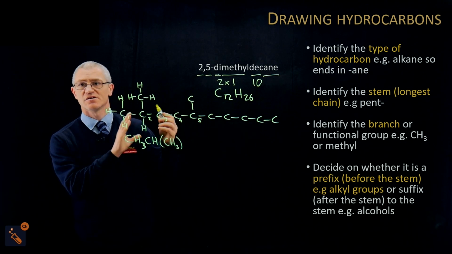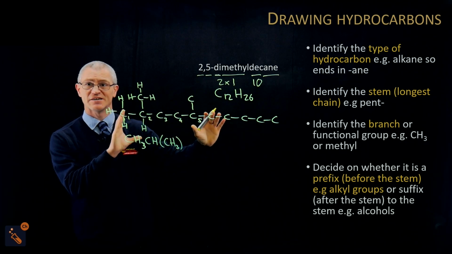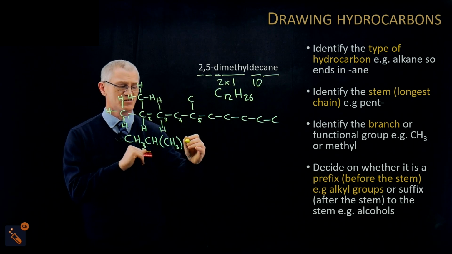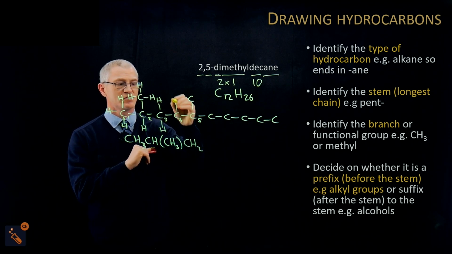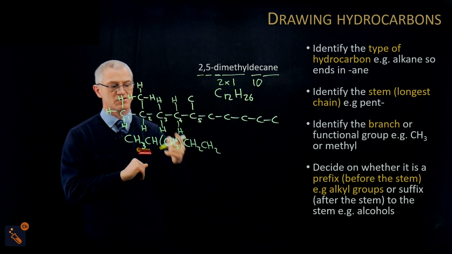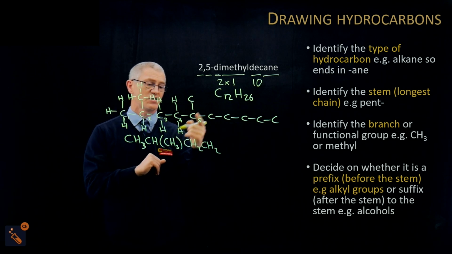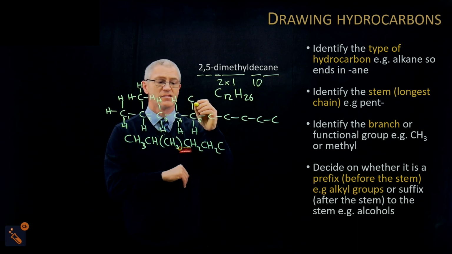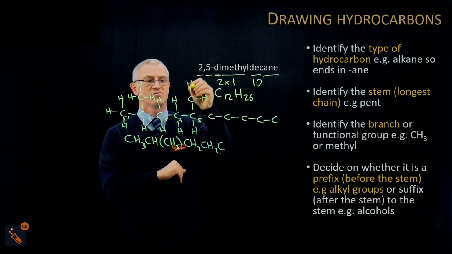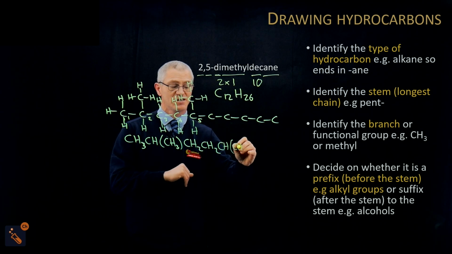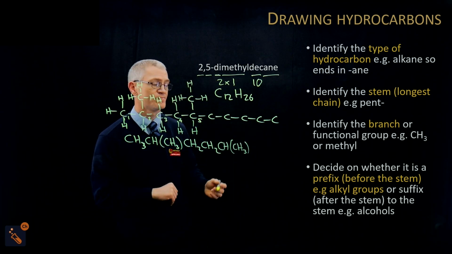And there we go. And just because I can't stand not having it on, we will do it as we go along. So here's the CH2. There's my CH2. There's my CH2. I've got 2 CH2s, and then I've got a CH again. And there's my CH3. CH in brackets because that CH3 is coming off that carbon.